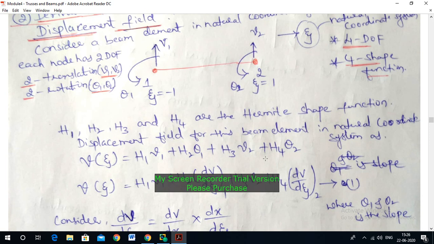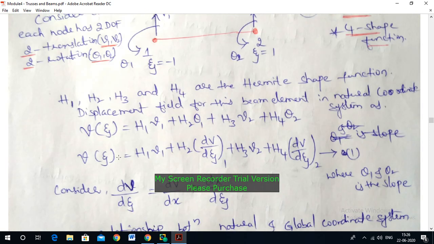I take theta 1 as the slope at node 1, dv by d zeta at node 1, and theta 2 is the slope at node 2.